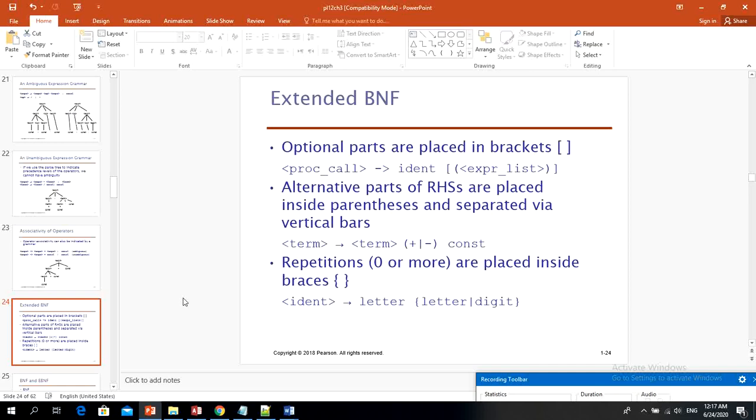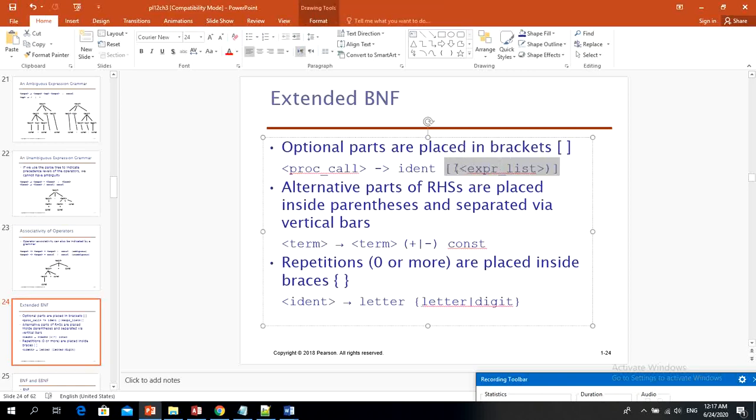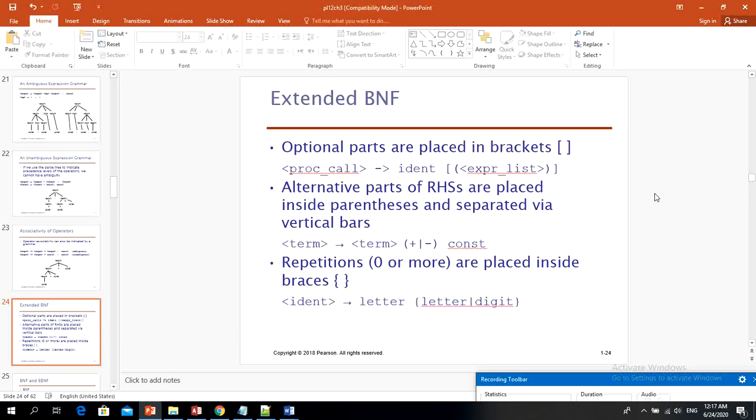When we come to Backus-Naur form, it also has an extension format, called extended BNF. In extended BNF, optional parts are placed in brackets, and whatever you put between these brackets will be optional.